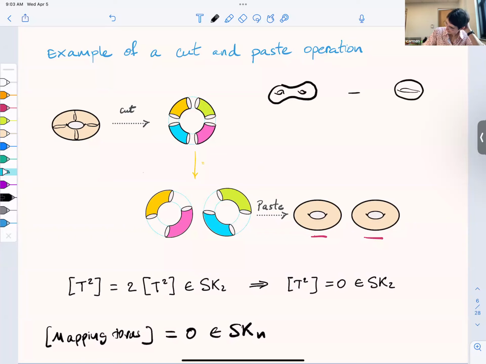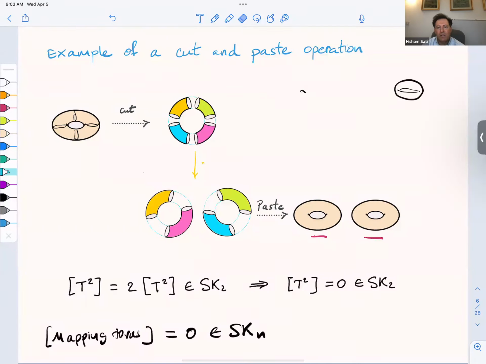Let's see, how could you do this? It shouldn't be that difficult. No, I meant that the two torus ended up being 0 as an element in SK2. Is it the case for higher genus? That was really my question, not to work it out, but whether it's known.